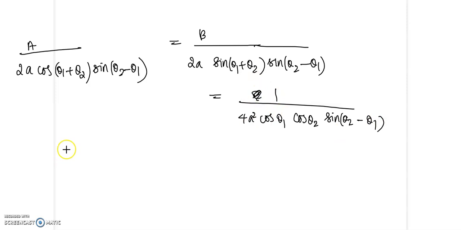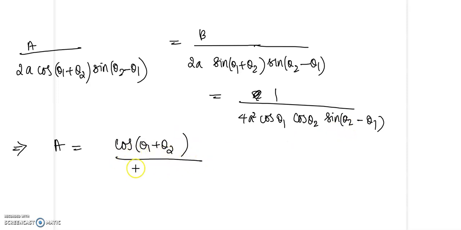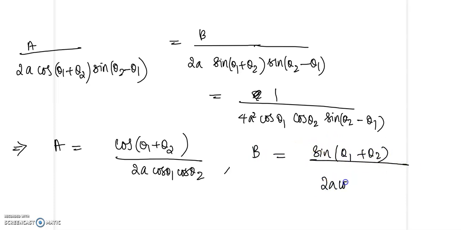Sorry, this is 1. So therefore, upon solving, we are going to get a equal to cos (theta 1 plus theta 2), since sine (theta 2 minus theta 1) will cancel out, divided by 2a cos theta 1 cos theta 2, and b will be equal to sine (theta 1 plus theta 2) by 2a cos theta 1 cos theta 2. So that is the value of a and b.